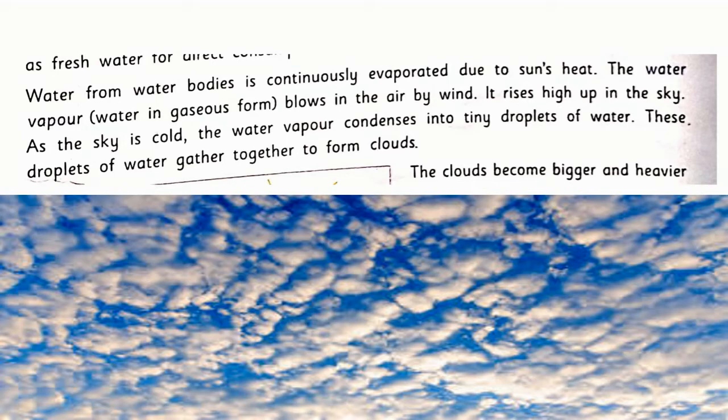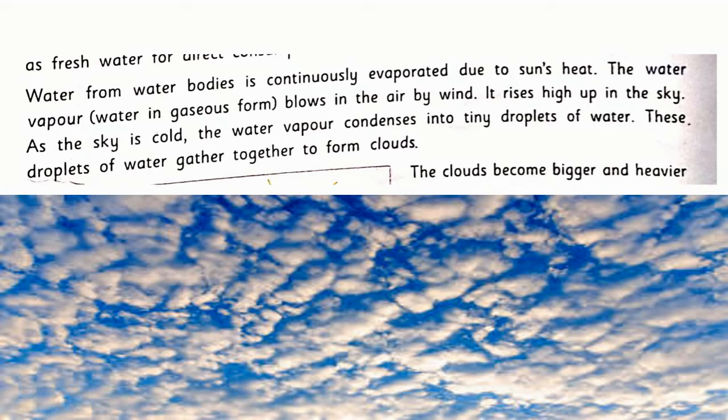Because of the heat of the sun, the water takes the form of vapor, gas, blows into the air by the wind, mixes in the air, and rises up in the sky. As the sky is cold, the water vapor condenses.